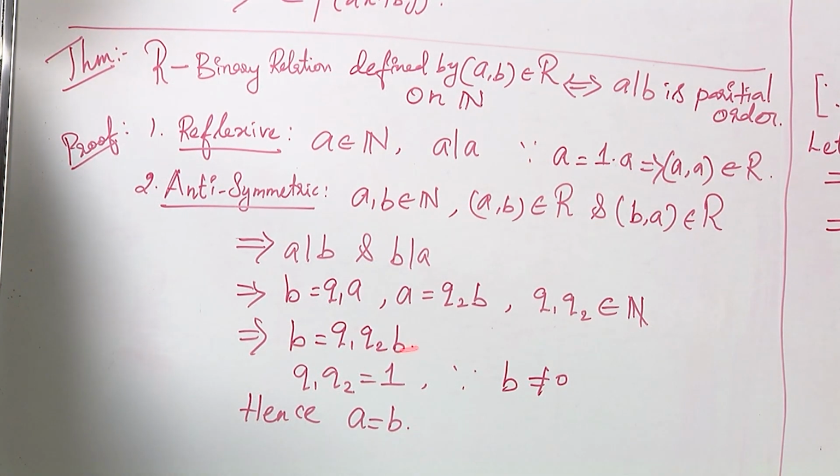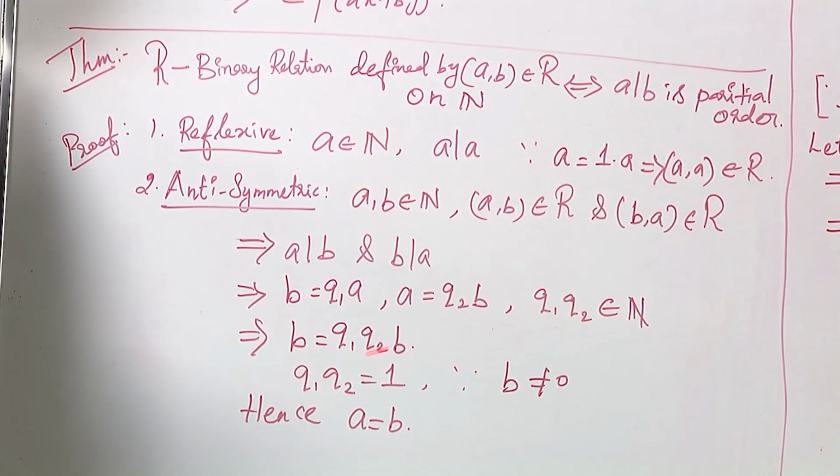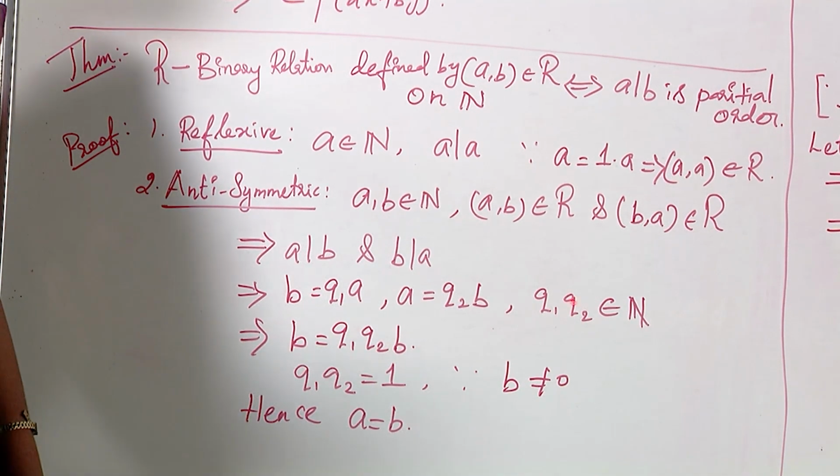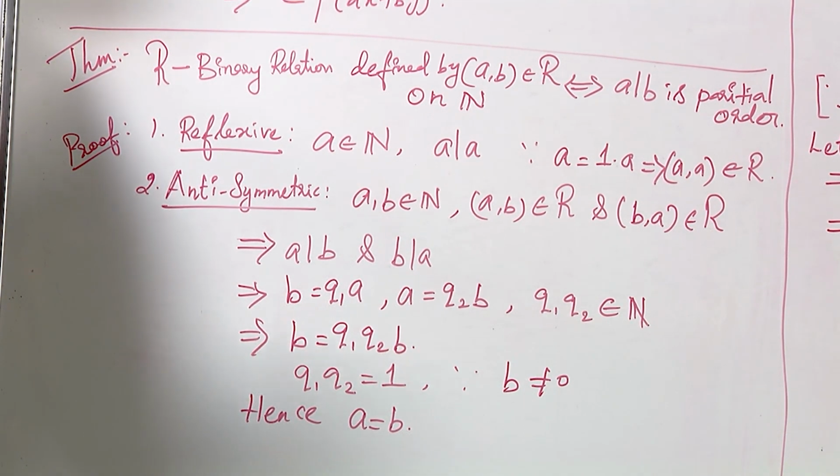So you can divide both sides by B, therefore you have Q1 Q2 is equal to 1. Here Q1 and Q2 are both natural numbers, and if you multiply two natural numbers and get 1, this will happen if and only if both Q1 and Q2 are equal to 1.